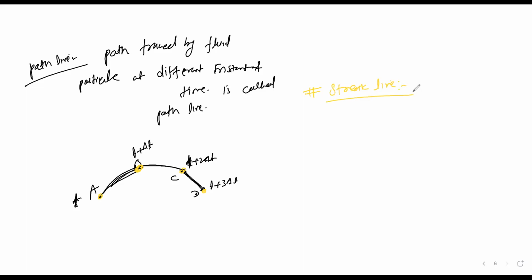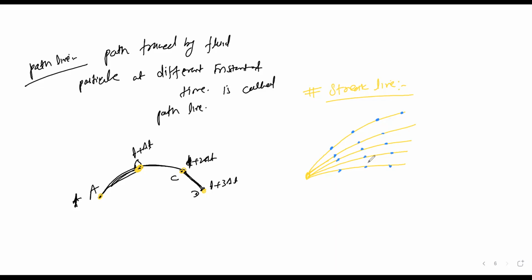So what is actually a streak line? Let's say this is one streamline, this is another streamline, and this is another streamline. Let's say one point is here, and I'm assuming another point is here, and another point here.